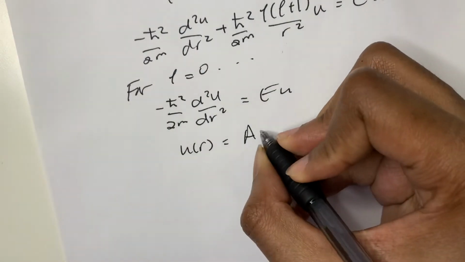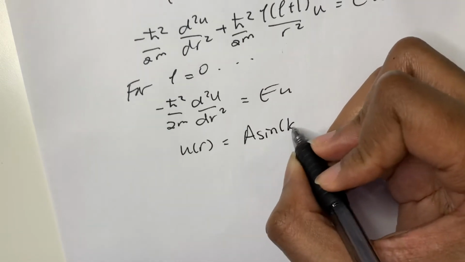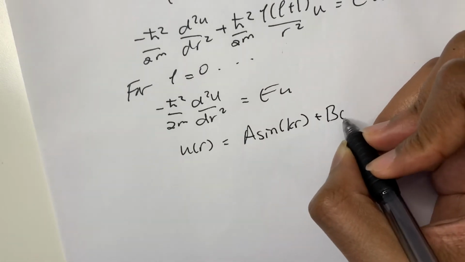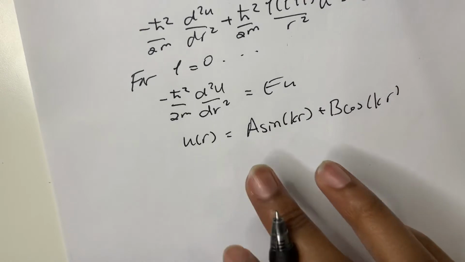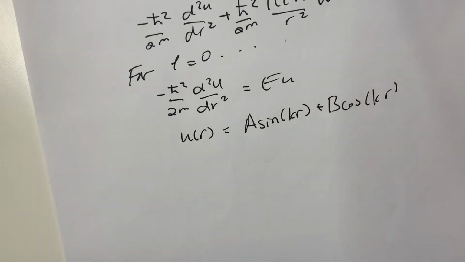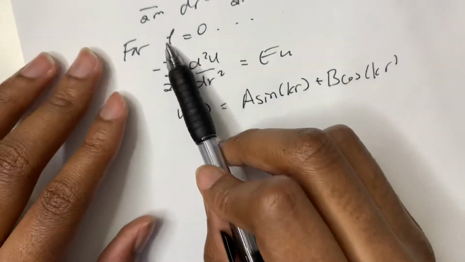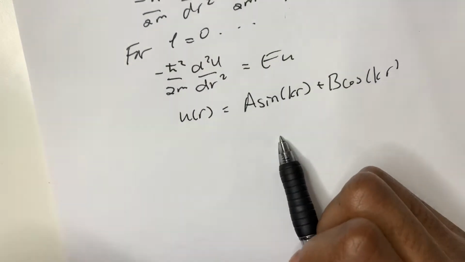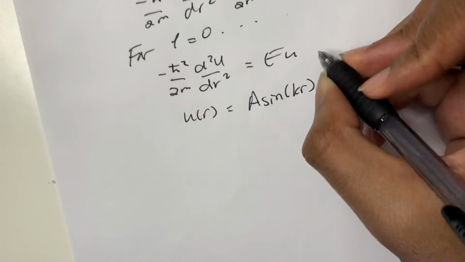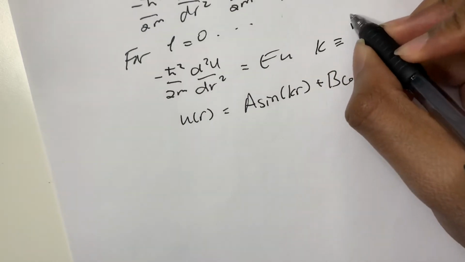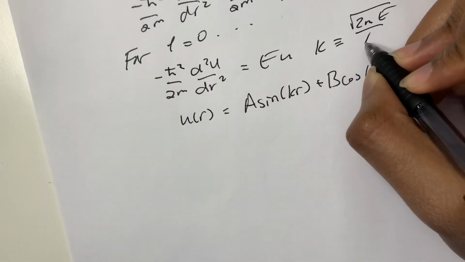It's going to be A sine of kr plus B cosine of kr. We're going to write A and B in terms of imaginary numbers. Note, this is for the case where l equals 0. Note here that k is defined as the square root of 2mE over h bar.